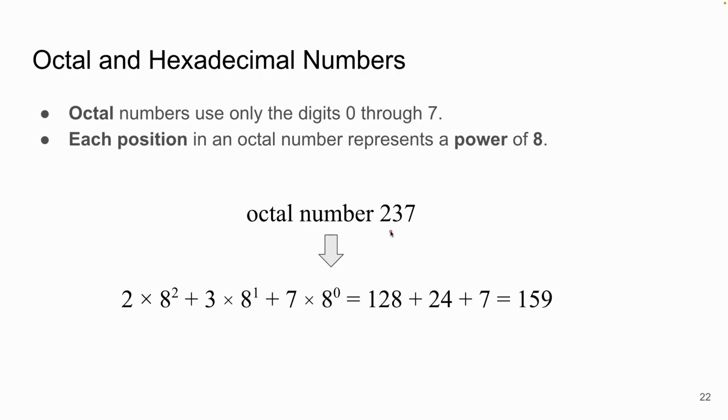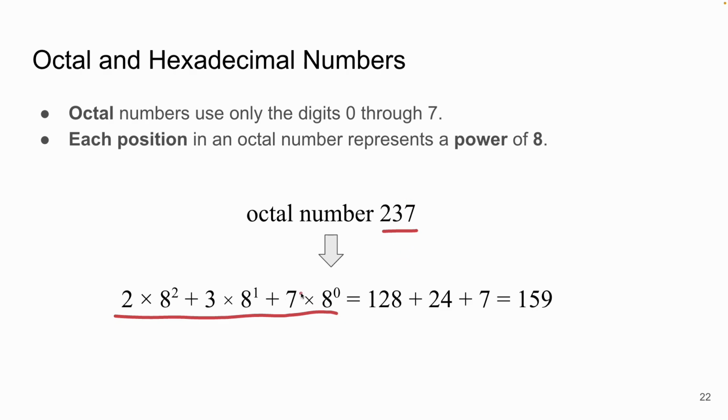For example, if we have the octal number 237, how do we convert it back to a decimal number? To do that, we just write down, just like I explained for the binary computation, the calculation like this.